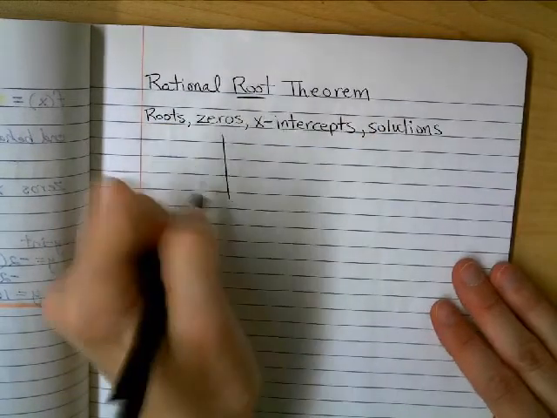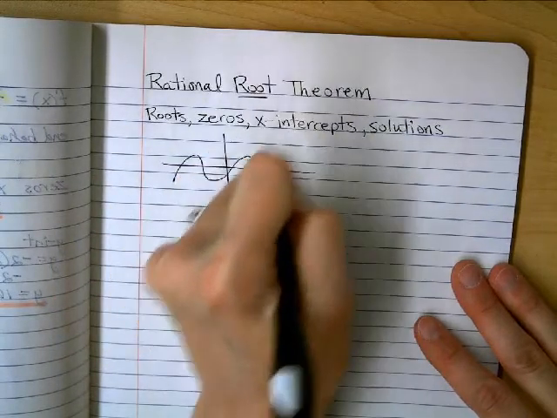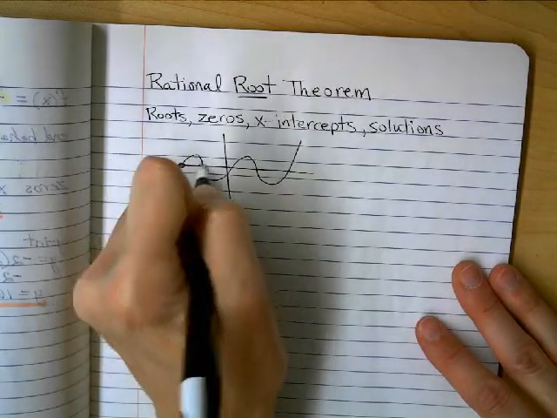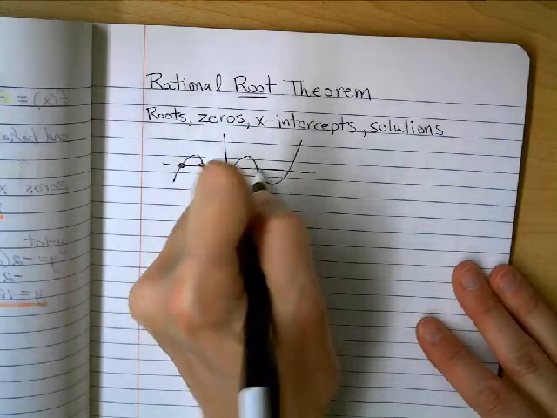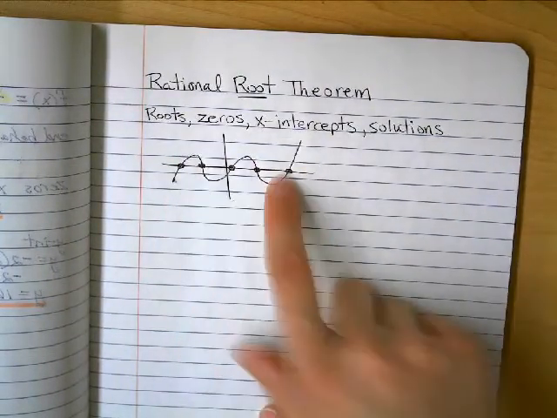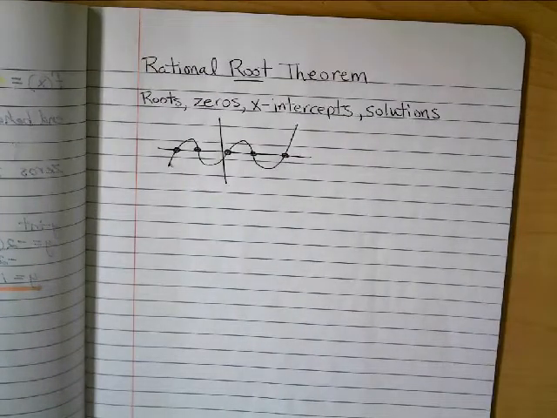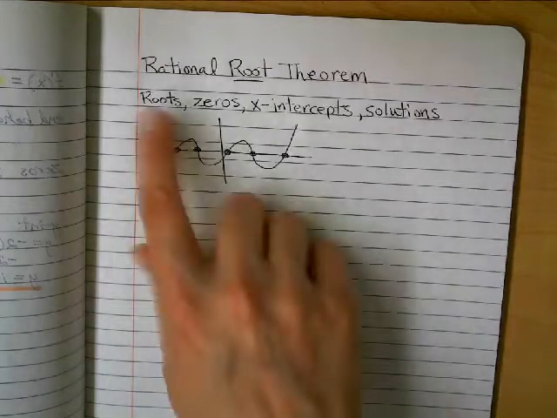Roots and zeros are all the places your graph might hit the x-axis. Like in that picture, it looks like it has 5 places where it hits the x-axis, so it has 5 zeros or 5 roots.